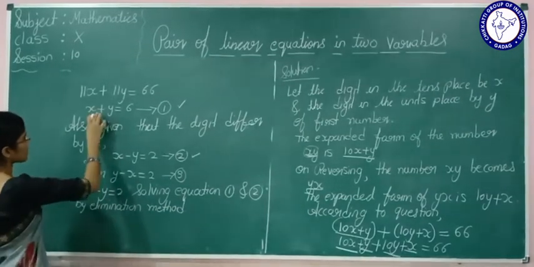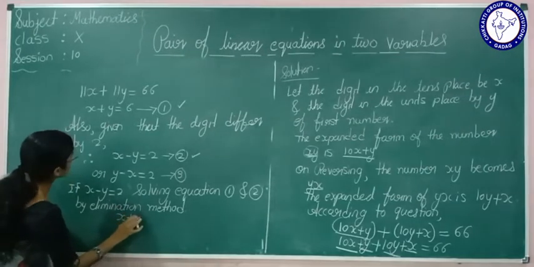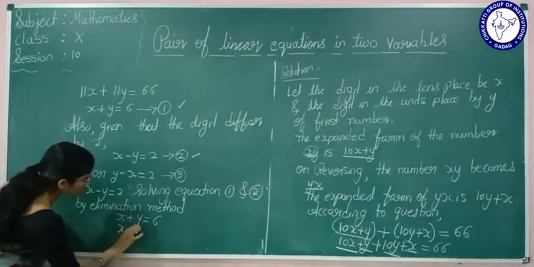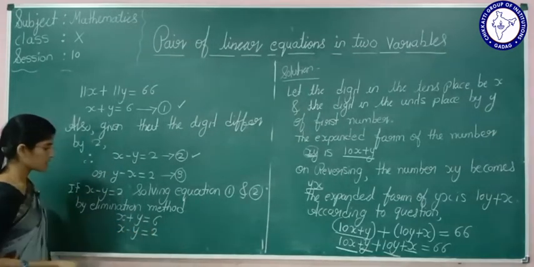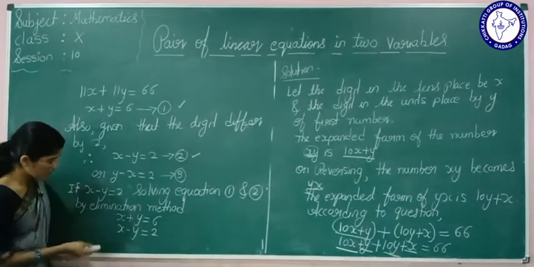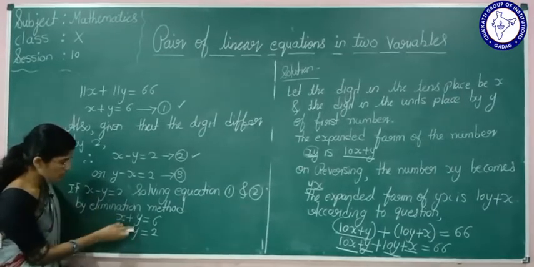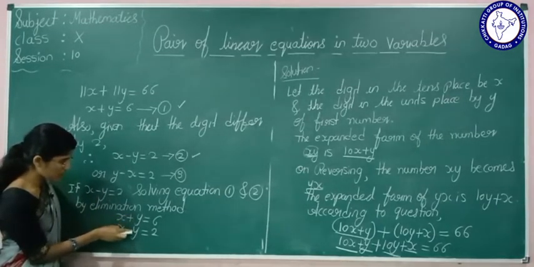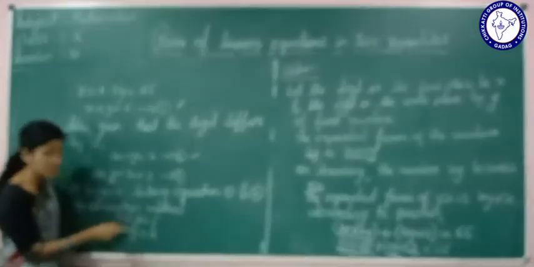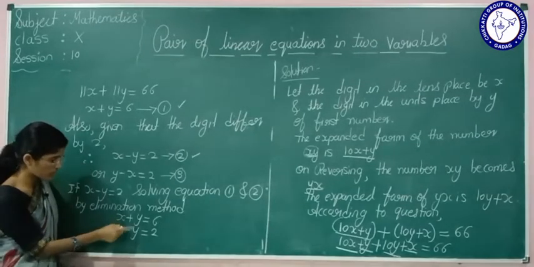So what is equation number 1? That is x plus y is equal to 6. Equation 2 is x minus y is equal to 2. You know how to solve by the elimination method, right? If you want to eliminate x, the coefficients should be the same, or if you want to eliminate y, the coefficients should be the same. I want to eliminate y here. See students, here the coefficients are the same. We don't need to make the coefficients the same again. Yes or no?